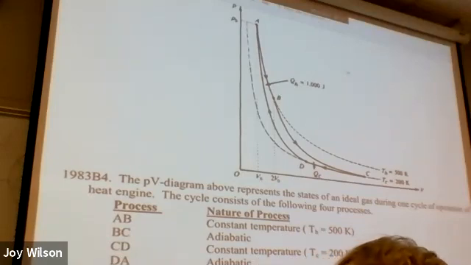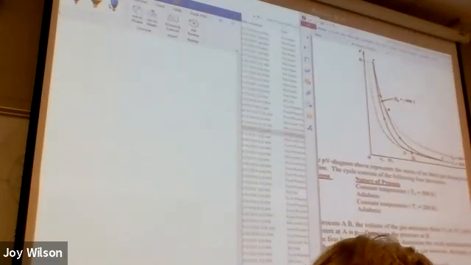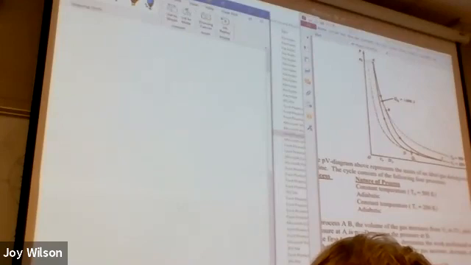I'm going to exaggerate it, make it a little bigger. So I'm going to recopy this graph over here so that we can draw and talk.